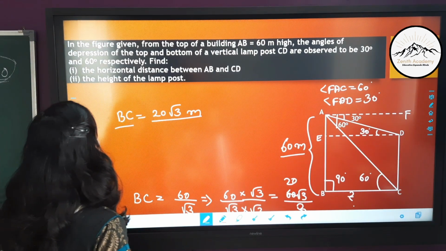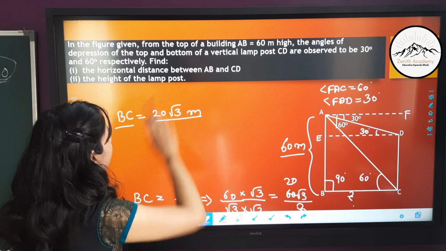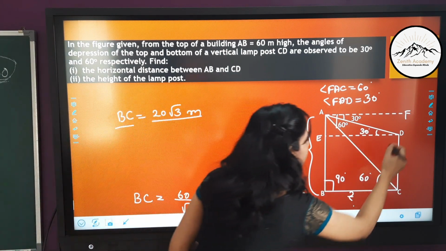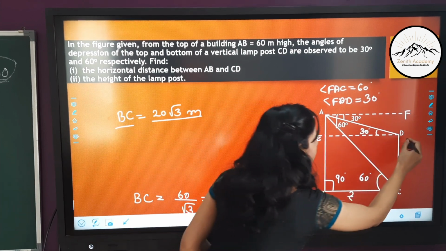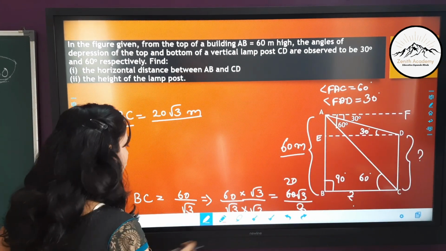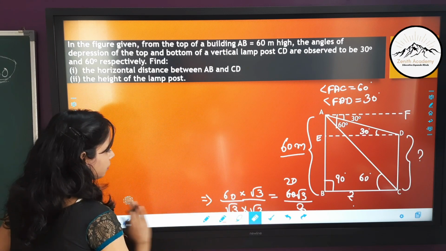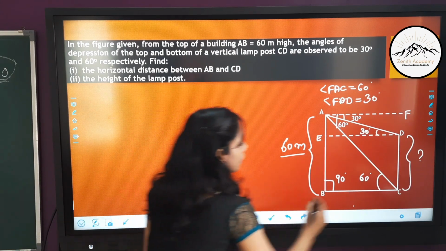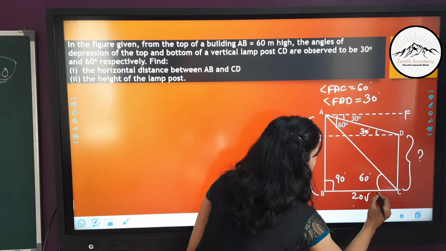The next question is the height of the lamppost. Lamppost is represented by CD. So this height we need to find. How can we find this height? Now BC I found out as 20 root 3.